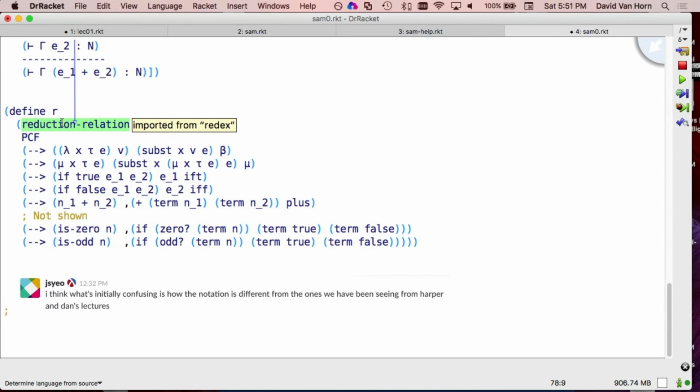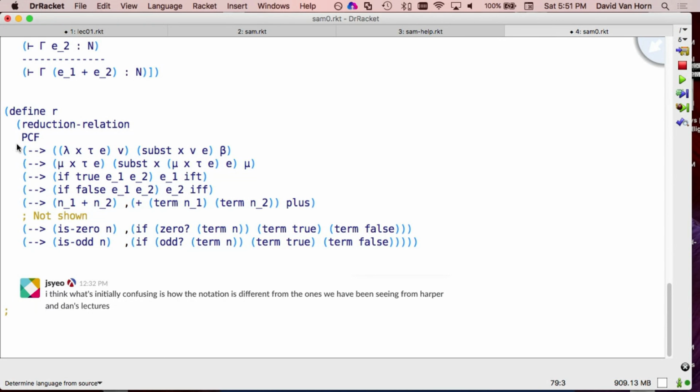Okay, so this is another Redex thing. I'm going to define a new kind of relation, a special kind of relation, which is a reduction relation. Again, always in reference to some language, so this is going to be for the PCF language.